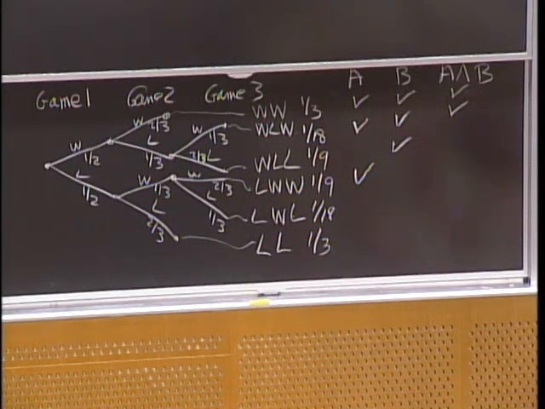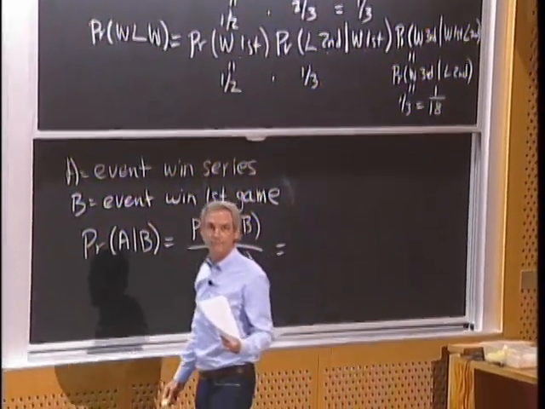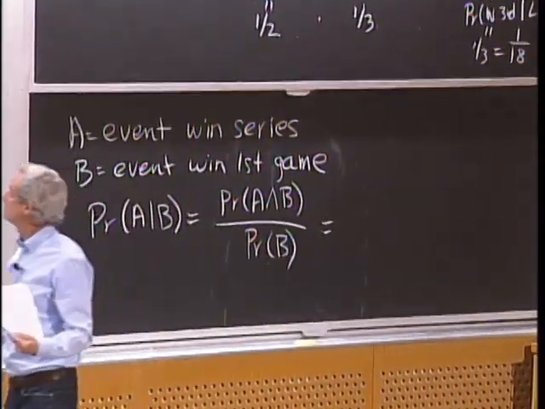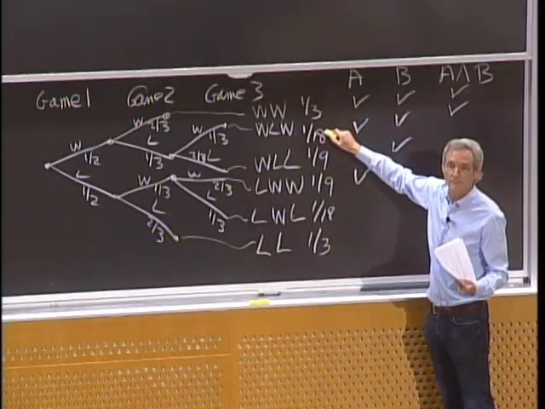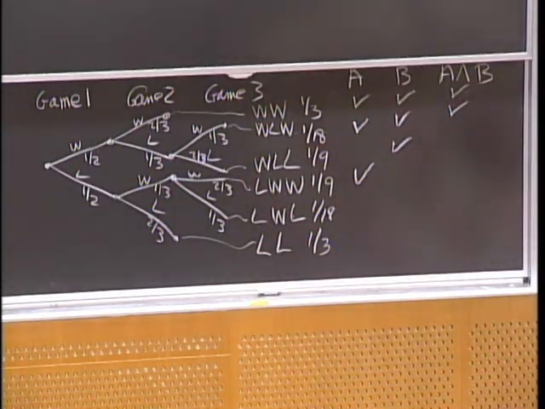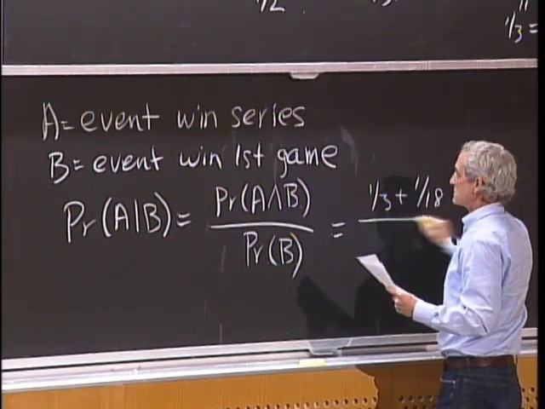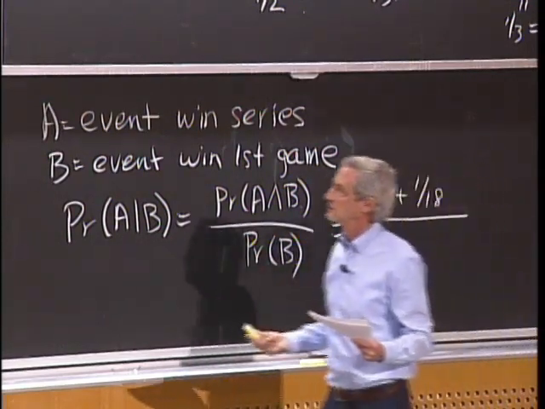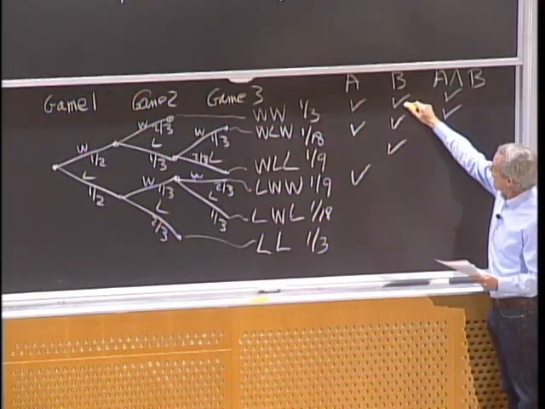So what's the probability of A and B? Seven 18ths, 1/3 plus an 18th. What's the probability of B? Yeah, 1/2, 9 18ths.